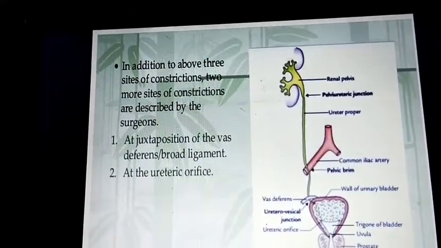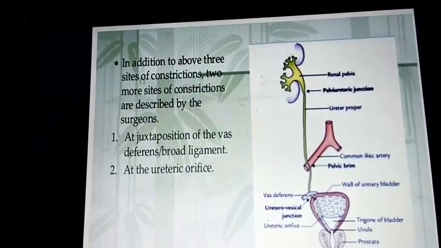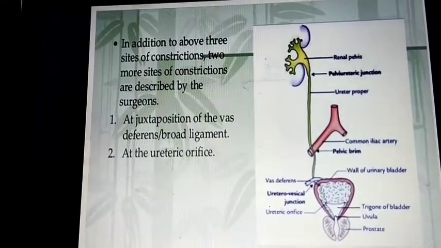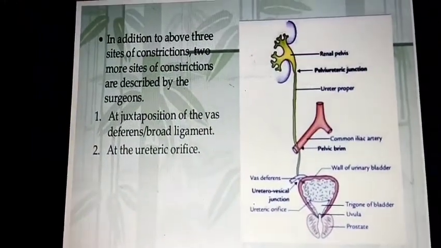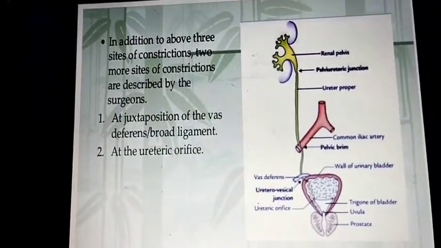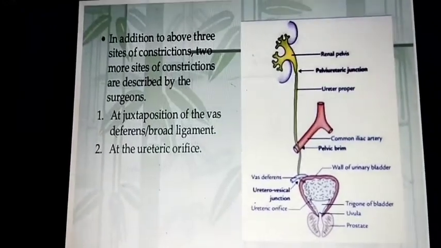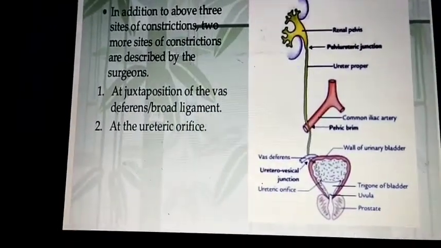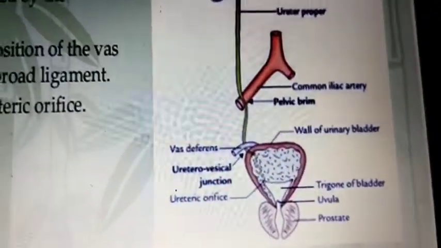by surgeons at the juxtaposition of the vas deferens or broad ligament. Vas deferens in the male and broad ligament in the female, as you can see in this picture.